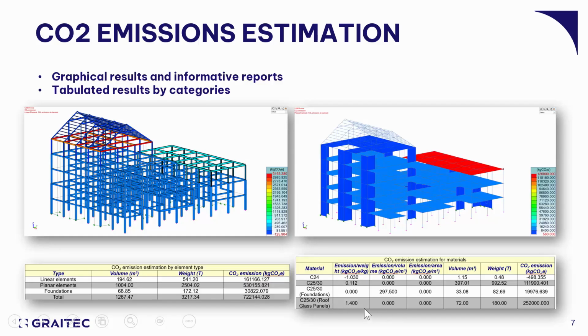As you see, we can see per weight of that element, per volume, and per area if you want to have them. And here you can also see the total values that Advanced Design has estimated for this project in a report format.